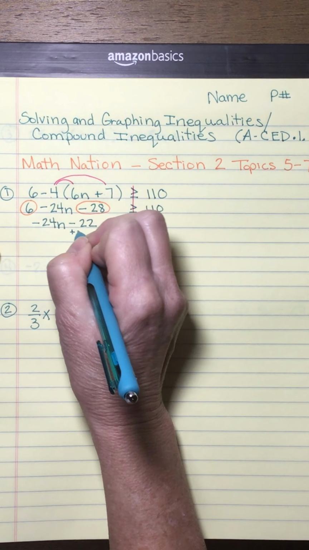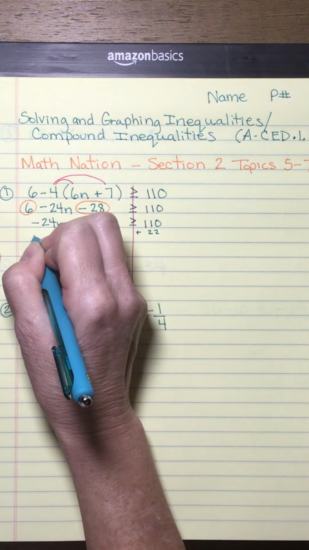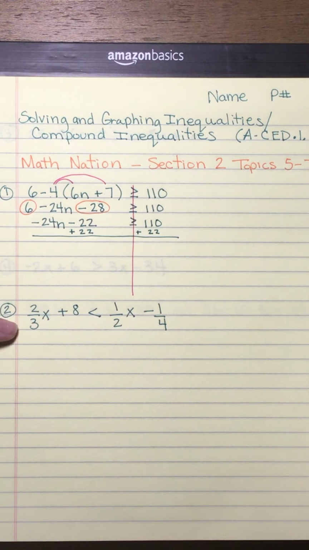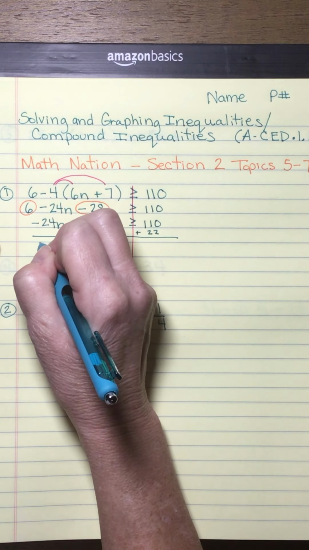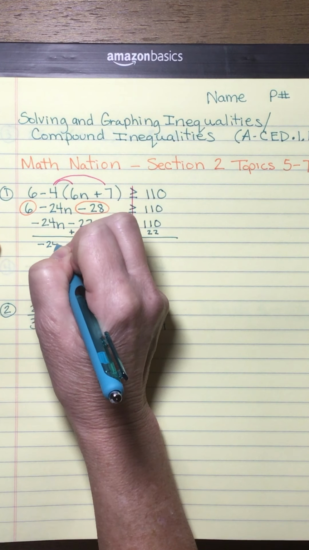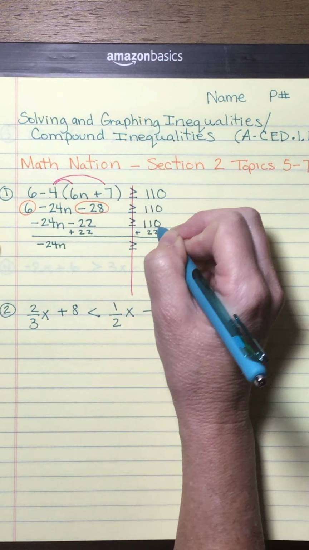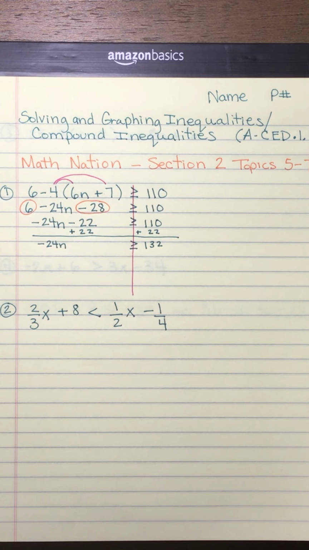Now I'm going to go ahead and add 22 to both sides. I love when you use the notebook paper lines, but it looks like I'm going to run into my question too since I pre-wrote them out, so I'm going to write a little bit smaller here. -24n is going to be greater than or equal to, add these up, 132.